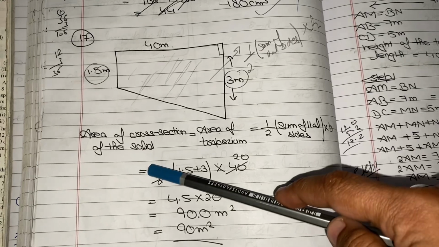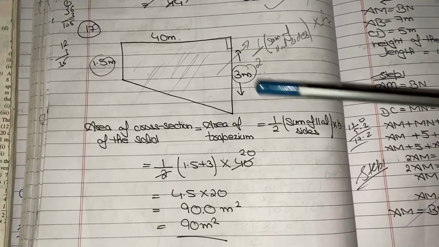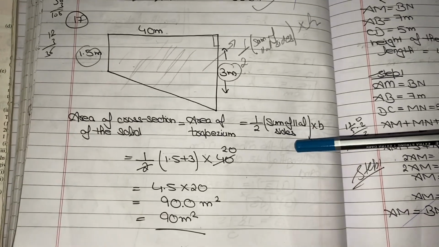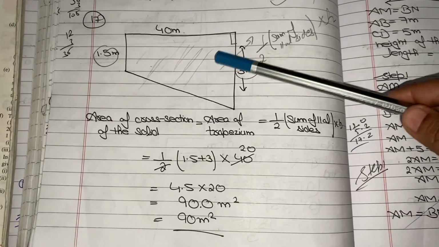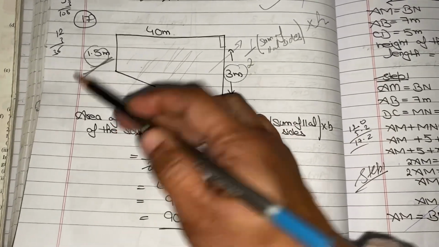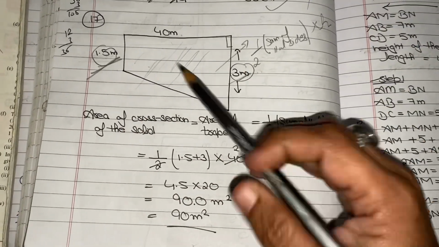So the area of cross section of the solid is equal to the area of the trapezium, that is half sum of parallel sides into height. The parallel sides are 1.5 and 3.